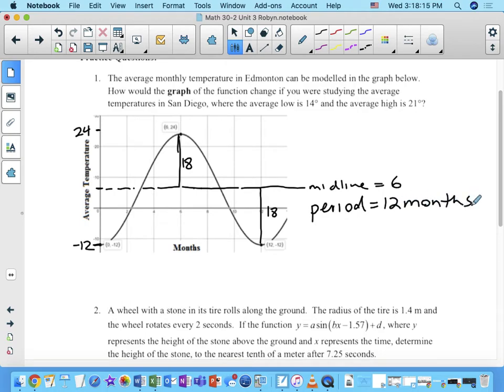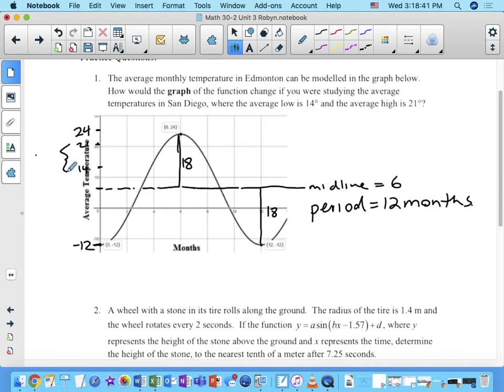Okay, now if we go to San Diego, the average high is now 21. The average low is now 14. That's about here. 21, 14. What's the middle of 21 and 14? What's the difference between 21 and 14, by the way?